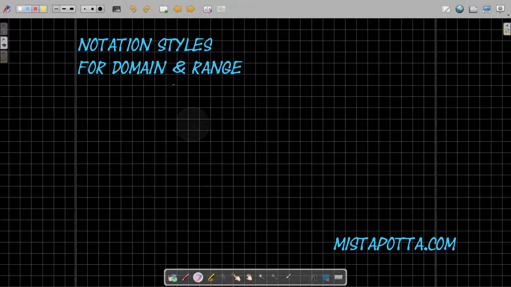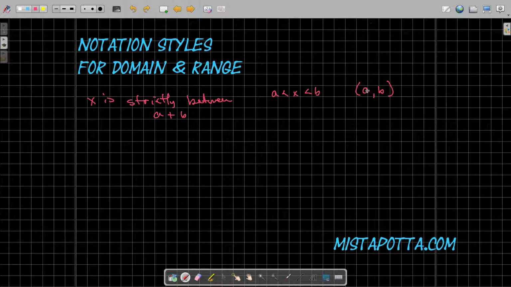We have combinations that we could talk about. So we can talk about how x is strictly between a and b. So here I'm going to have a is less than x is less than b, or open interval a to b.